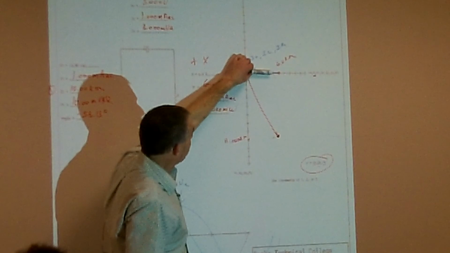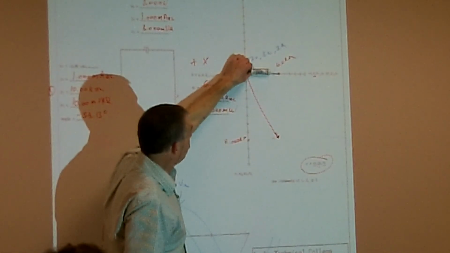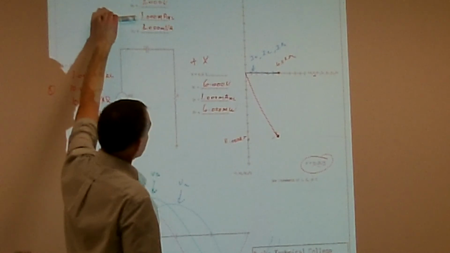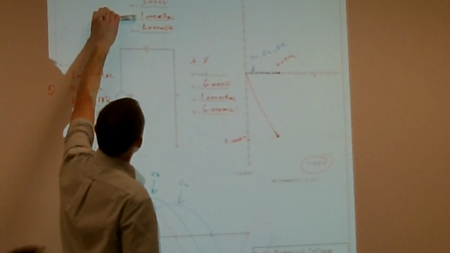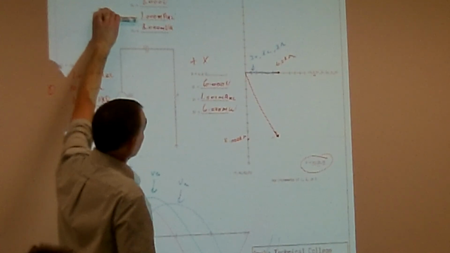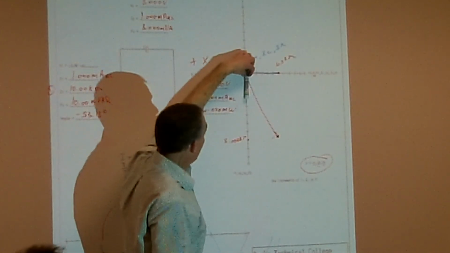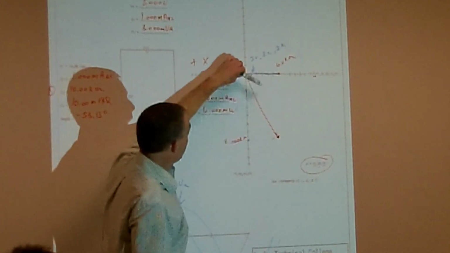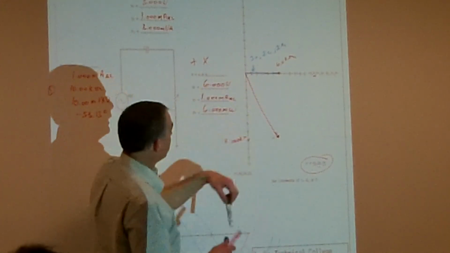If VS is always following VR at 0 degrees, that means I would have no capacitive reactance in there. The capacitive reactance of my capacitor would be at 0. If I was purely capacitive, then I wouldn't have any resistance.